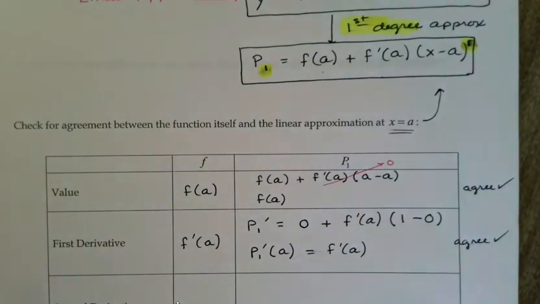Once again, not a real surprise. Because it was the tangent line, we wanted it to just skim, or in other words, be going in the same direction, have the same slope as the function at that point. Now let's take a look at what happens when we get to the second derivative.